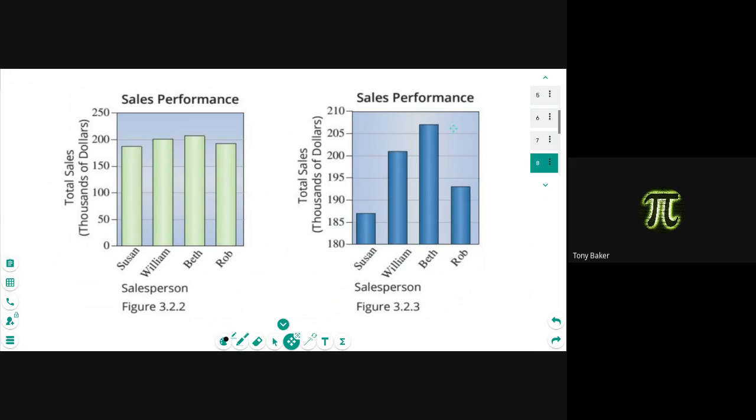So it's accurate. I'm not lying about the data. I'm not changing the information. That's how much Susan sold. But I would say Rob is twice as good of a seller as Susan is. Look at the graph. And Susan's going to walk in with this one and go, I'm basically the same as Rob. So just keep those things in mind when you're looking at some graphs.